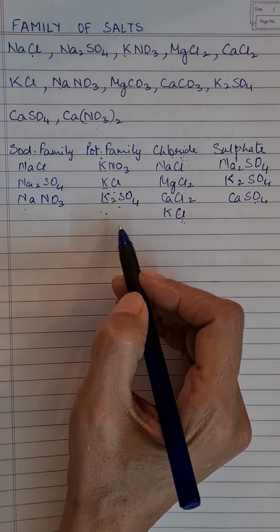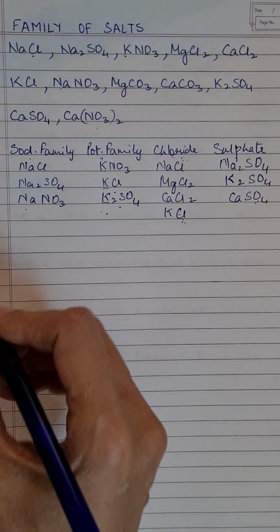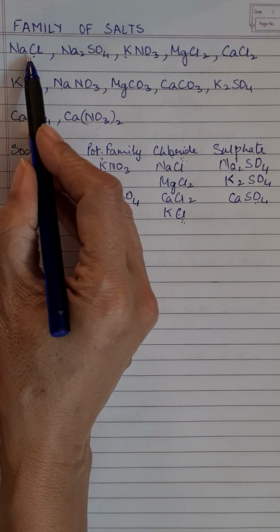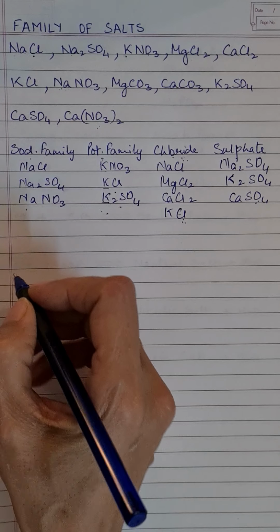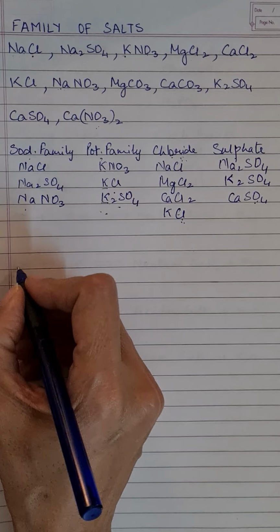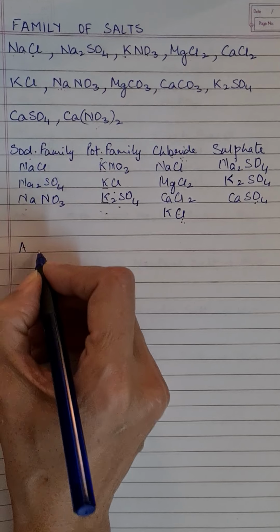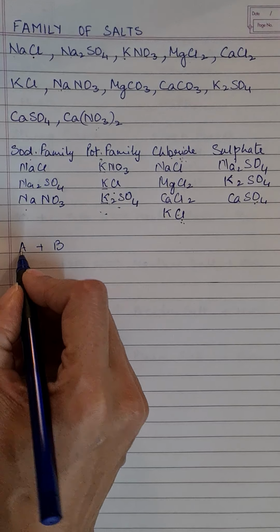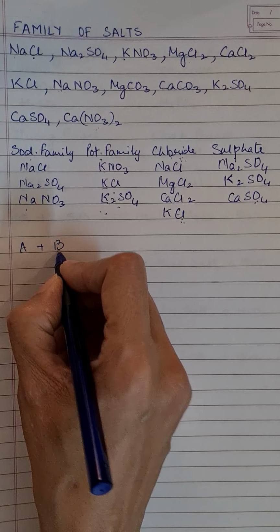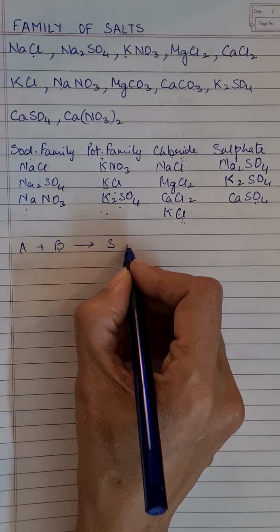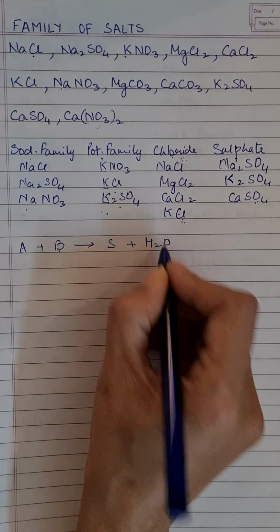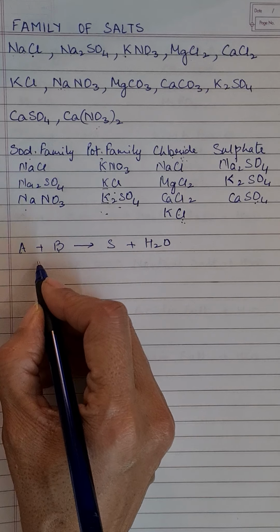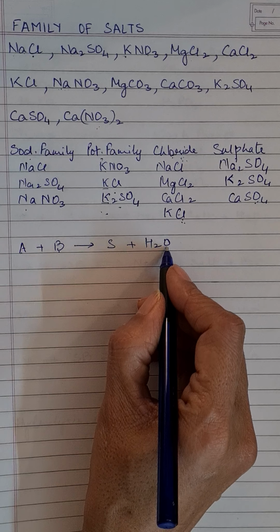Now, moving on to the next point here. A salt, as we know, is made up by a reaction between an acid and a base. When an acid and a base react to form salt and water, it is a type of reaction which is known as the neutralization reaction.